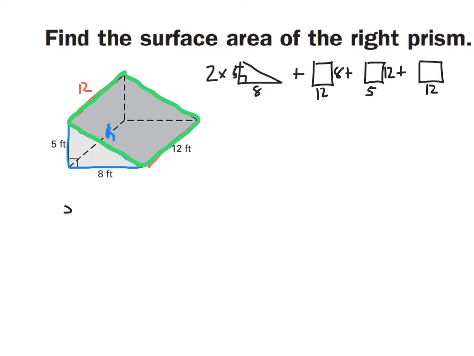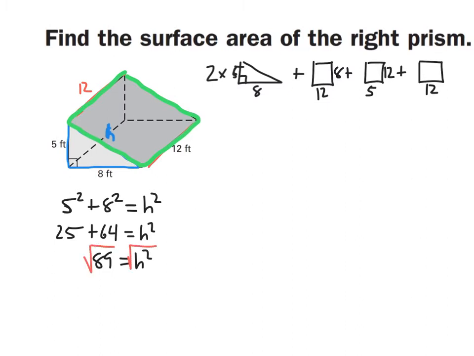Absolutely. So 5 squared plus 8 squared equals h squared. All right, so that's 25 plus 64. That's 89. Got to take the square root of both sides to find out what h is. Square root of 89. Does that reduce? No. Is it a perfect square? No. I don't know. How do we check it?